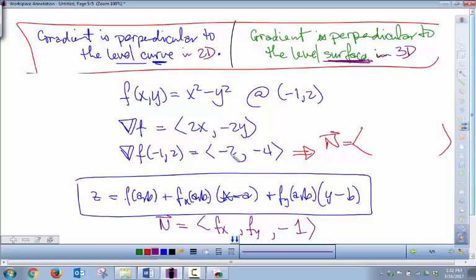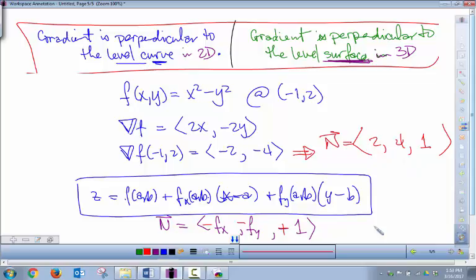So 2, 4, and 1, if you took the negatives out. So negative 2, negative 4, and positive 1. It's like you're adding a z term in there. But what's the z term? 1.